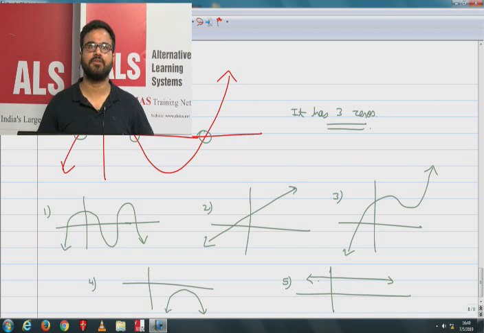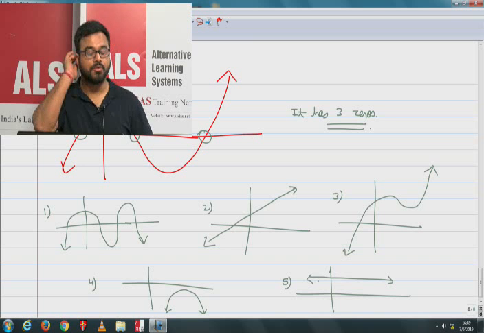These 5 diagrams I have made. Now on these 5 diagrams, quickly calculate how many zeros you can see.